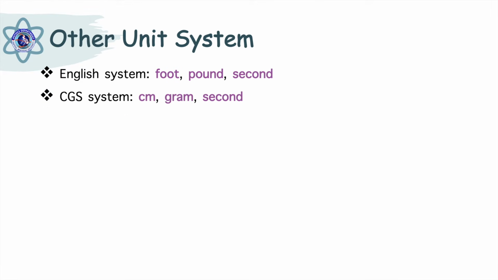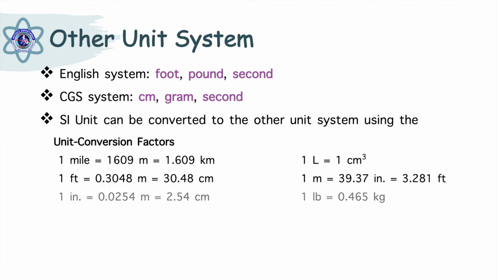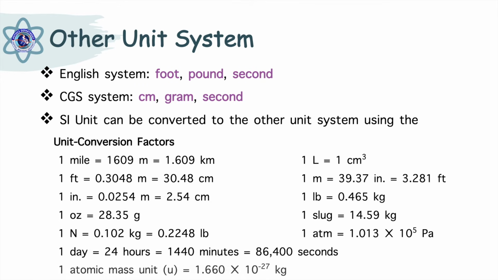We also have the CGS system, wherein length is measured in cm, mass in gram, and time in second. SI units can be converted to other unit systems using these conversion factors here. So kindly familiarize yourself with these things.